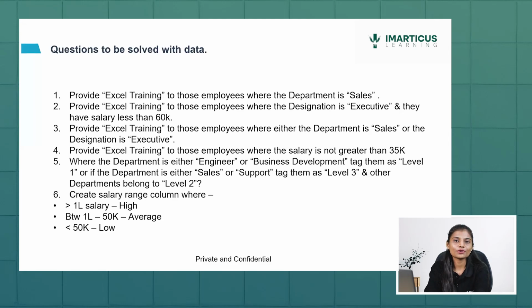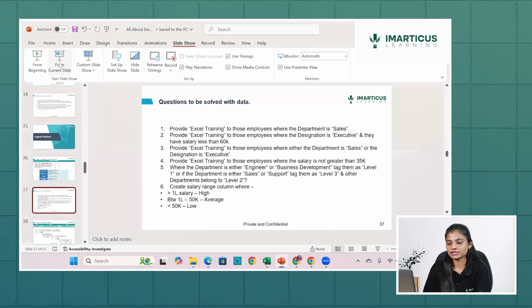Which means for either of the engineering and business development departments, the tag is going to be level 1. For sales and support, the tag is going to be level 3. And for the rest of them, the tag is going to be level 2 of the employee status.